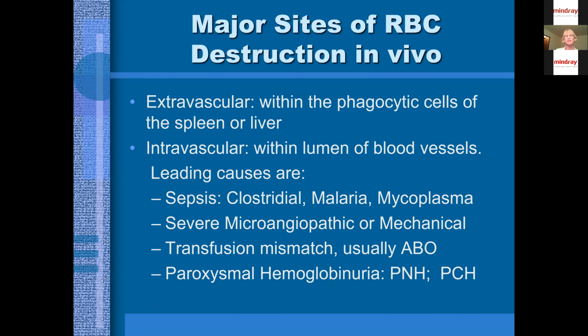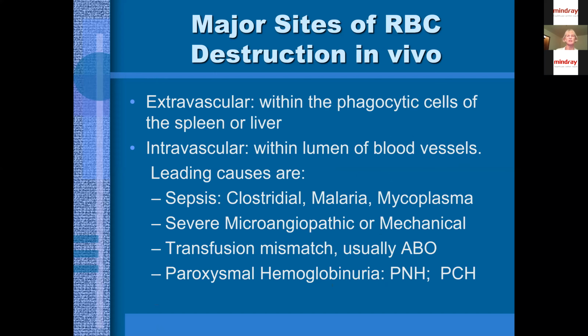Once you've established the fact that you have a hemolytic anemia, one of the next questions, in this physiologic approach, is: is the hemolysis extravascular or intravascular? Extravascular means that the red cell destruction is taking place within the phagocytic cells of the spleen or liver.